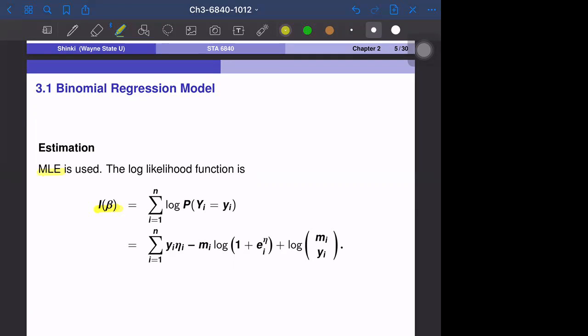Now we have several observations, yi and mi, so this isn't necessarily 1 or 0. Mi is 6 in our case, and yi may be 0 to 6, depending on the data points. So it's slightly different, but the principle is the same as logistic regression in chapter 2.